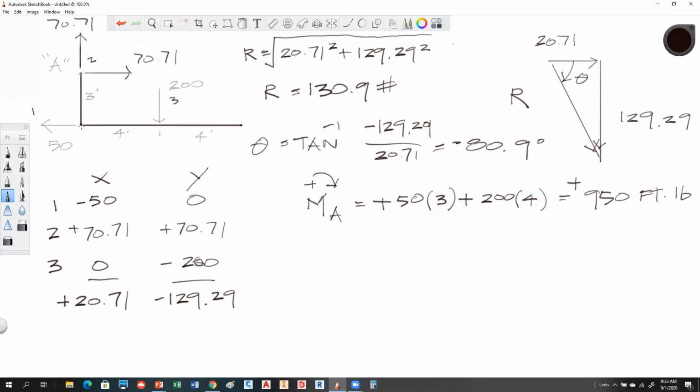What would happen if I took moments at the corner of the bracket? The 50 is going to drop out and this one's going to drop out, and I'd be using these two to solve my moment. So depending on where you take moments, if you're selective, you can get rid of a lot of stuff.